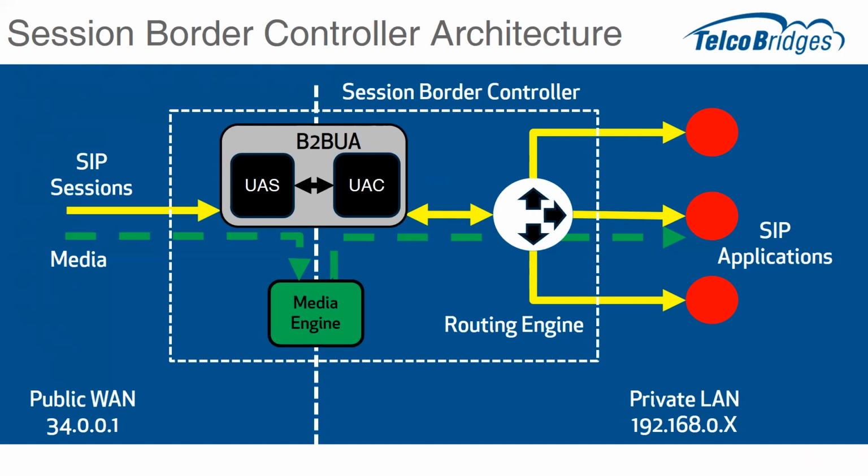If it decides to pass the call on, it will initiate a new session using a user agent client, and all the state transitions between the two sides are always passed through the back-to-back user agent. A side effect of this is that any security threat or interoperability issue can be resolved within the back-to-back user agent at the point where the call is terminated.